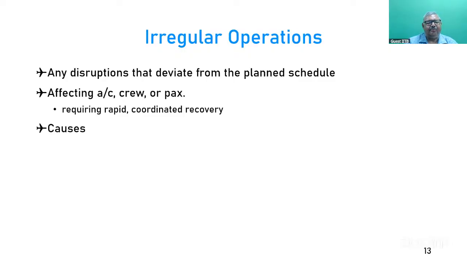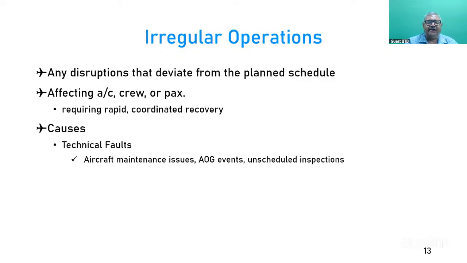The causes for IROPS are many. It could be technical faults. There could be last minute issues with some component of the aircraft. Most commonly, it is the landing gear or some important equipment which is in the minimum equipment list, therefore you cannot fly without it. It could be aircraft on ground events, where a component which is required is not available.